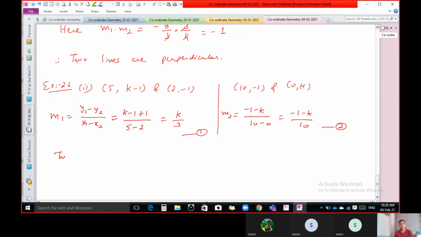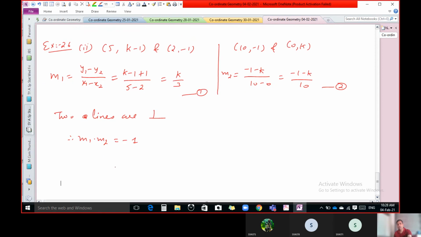The two lines are perpendicular. Therefore, m1 into m2 equal to minus 1. This is the symbol of perpendicular. Therefore, k plus 1 upon 3 into minus 1 minus k upon 10 equal to minus 1.